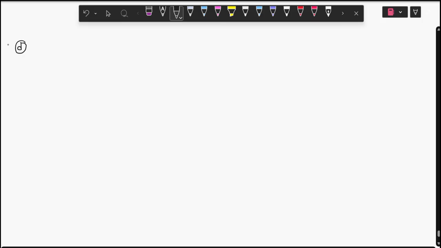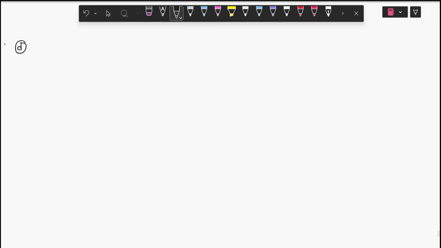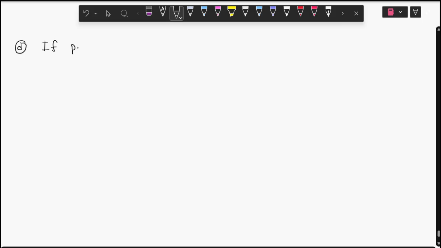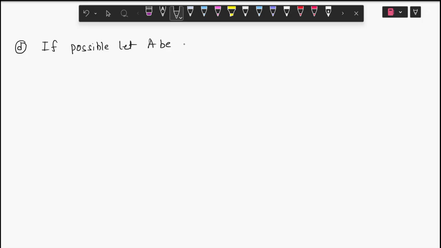Option D is saying that A is closed with respect to the metric d2. I am also claiming that this is true. So for the purpose, if possible, let A be not closed.